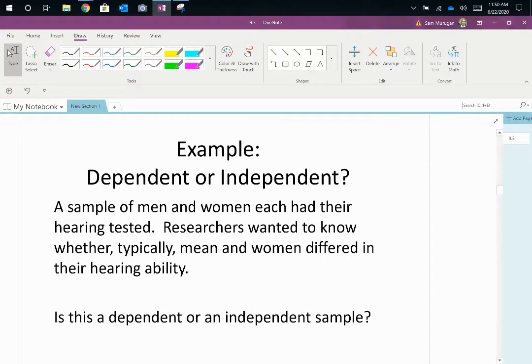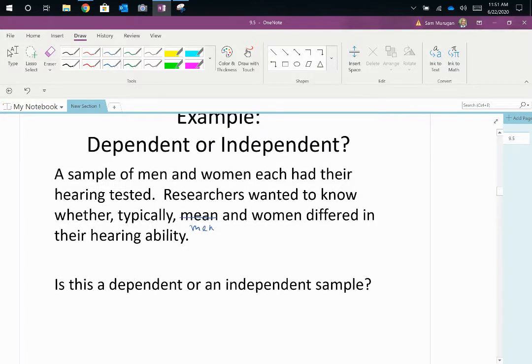Here's another example, and we're going to discuss these examples in a second. A sample of men and women each had their hearing tested. Researchers wanted to know whether men and women differed in their hearing abilities. Is this independent or dependent?